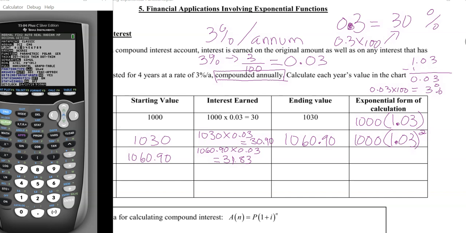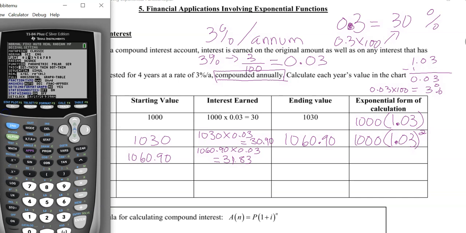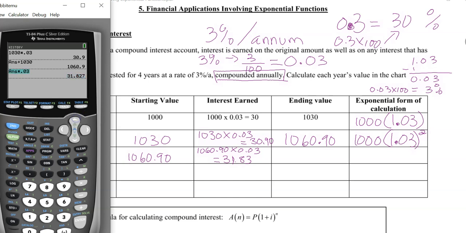Second quit. Okay, and then from now on it'll round. So I take the 1060.90, go plus, and take this number here, and when I hit enter, it'll round it to 2 decimals. So we now have 1092.73.